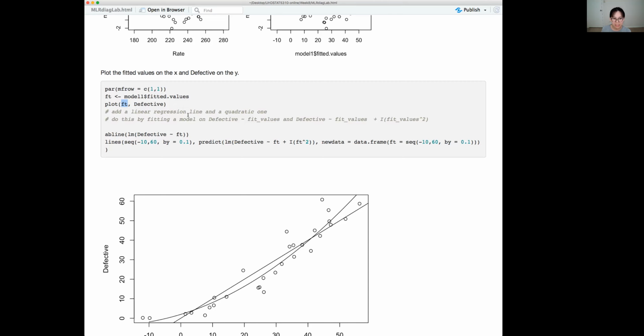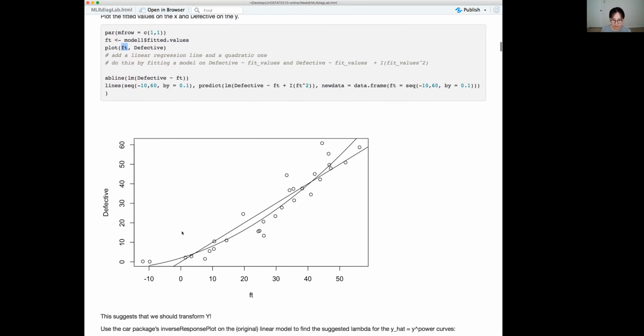Then we add a linear regression line and also a quadratic line to fit a model between this y and the y hat. So this is y, and this is y hat, and we fit a model and add it to this plot. So this is this straight line. And we also did a quadratic fitting by adding this quadratic term to the model, and adding this line to this plot.